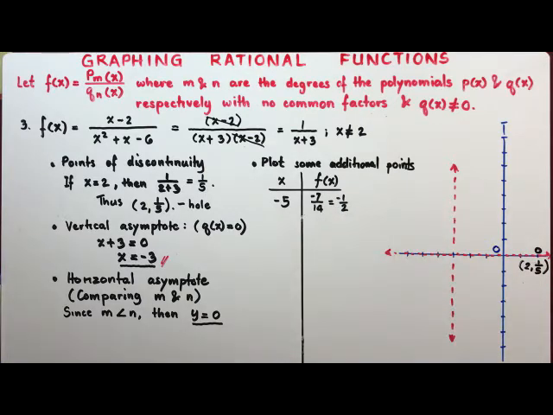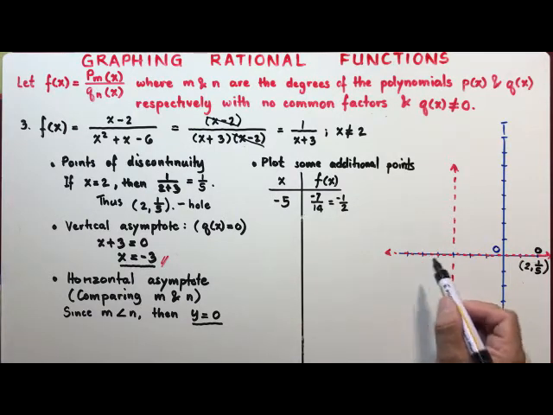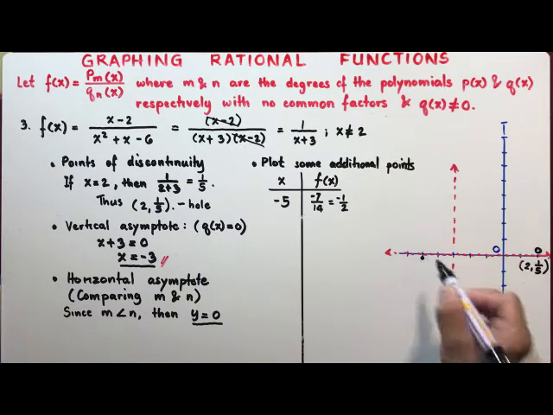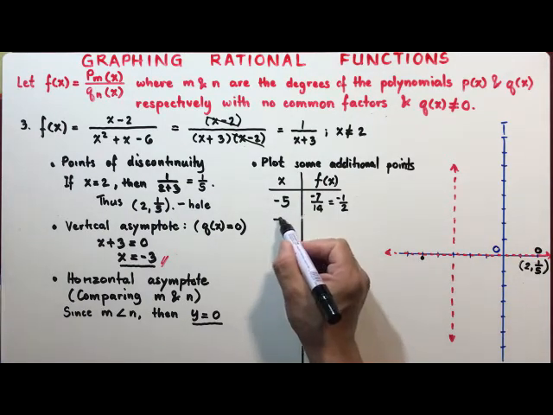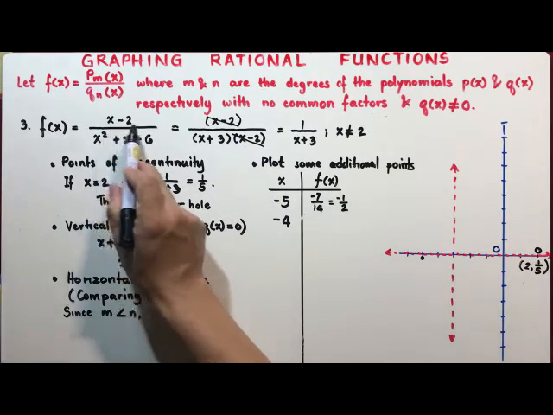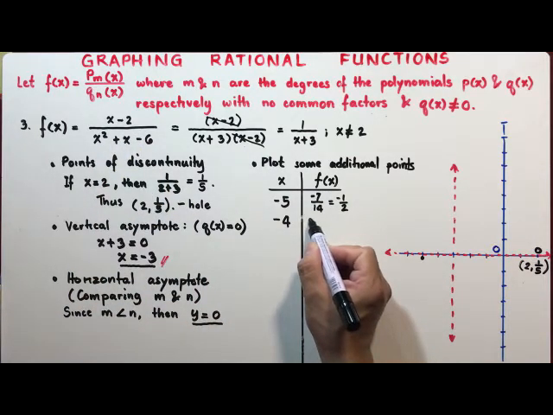-1/2. So if you plot it here, -1, -2, -3, -4, -5, but it's -1/2. So it's here. Now let's try some value of x, say -4. So substituting it there, -4 minus 2, that is -6.